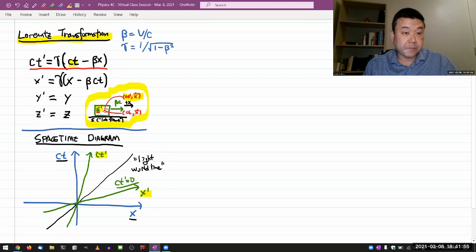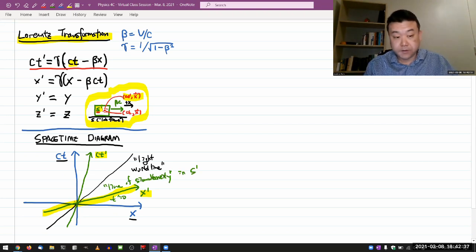And what this means is that this is what someone might call a line of simultaneity. These are the set of points that represent everything in the reference frame S prime that would be happening at t prime equals 0. So this illustration alone shows that what's considered to be simultaneous in the S prime frame is different from what's considered to be simultaneous in the S frame.